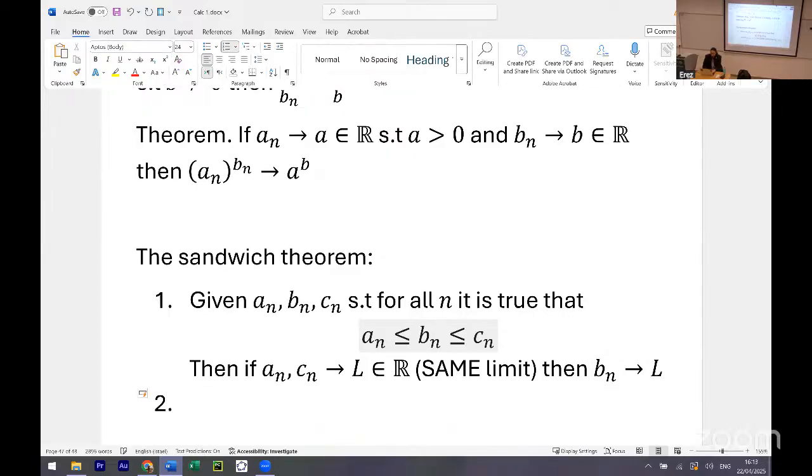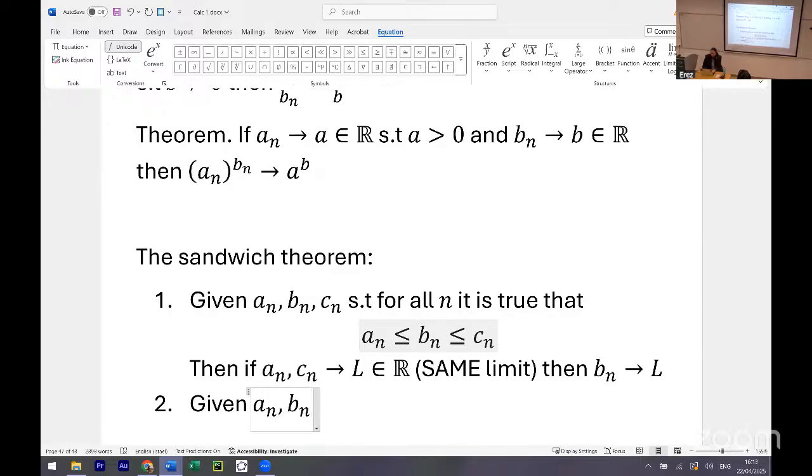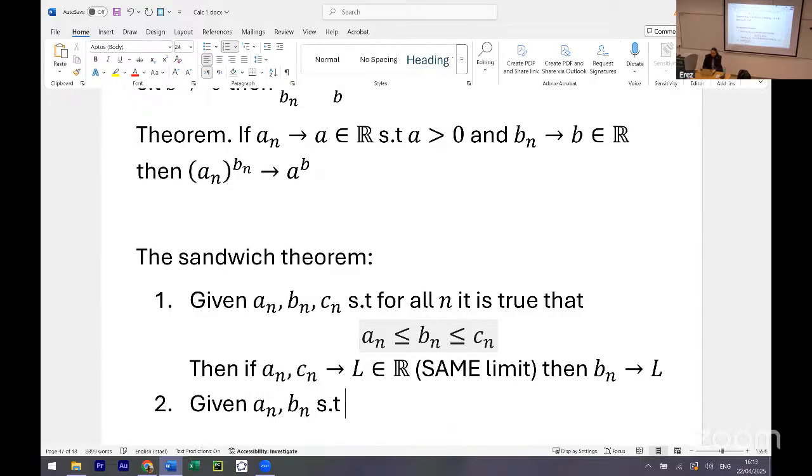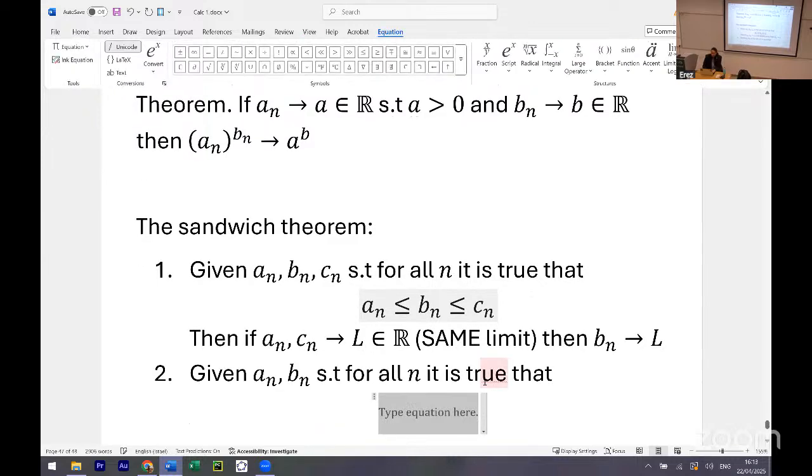2. Given two sequences, AN, BN, such that for all n it is true that AN is smaller or equal to BN. That's half a sandwich.